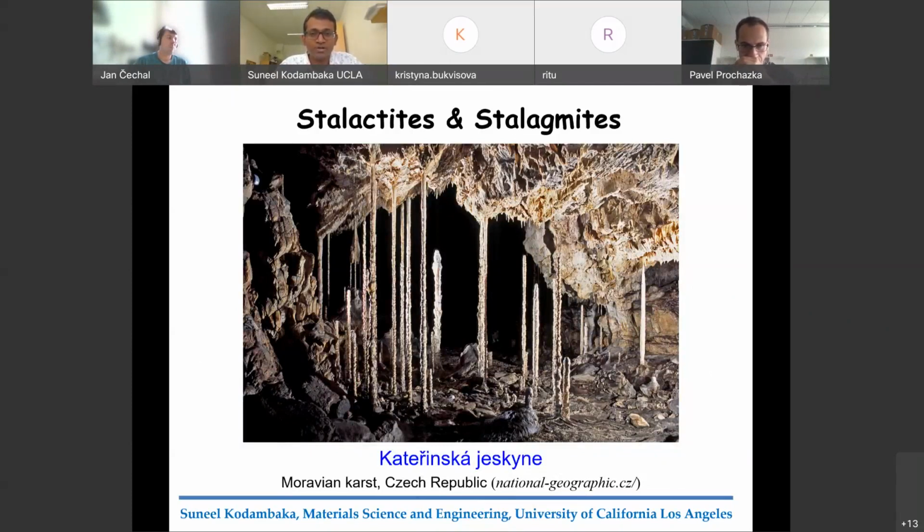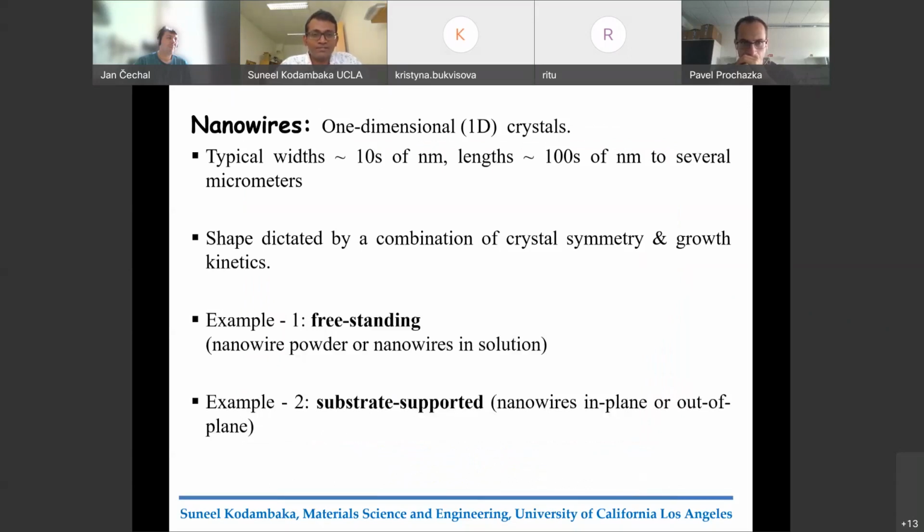It depends on the kinetics that control them and the way the source is supplied to make these materials grow. Nanowires in the recent 20 years of literature typically refer to structures that are tens of nanometers wide and anywhere between hundreds of nanometers and longer in length.